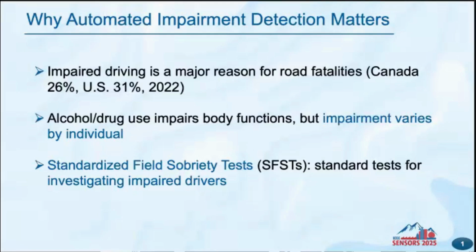Impaired driving can cause fatalities and accidents on the roadside, so it's really important to investigate impairment in drivers as soon as possible. DREs, or drug recognition expert officers, usually use SFSTs, or Standardized Field Sobriety Tests, to detect impairment in subjects on roadsides.